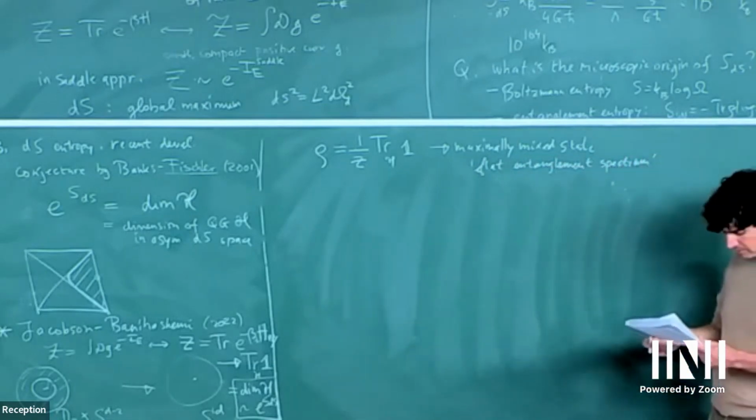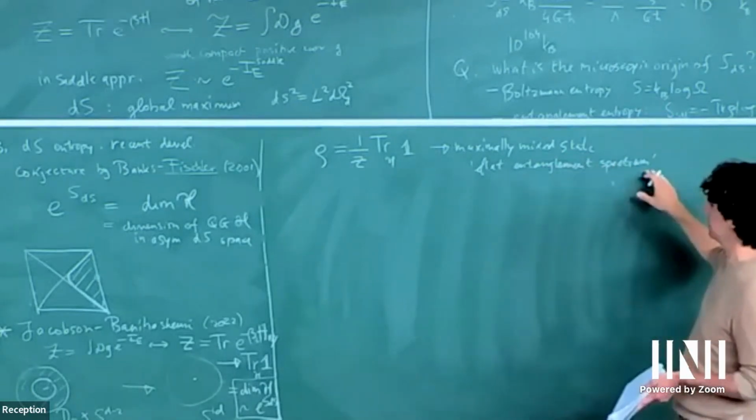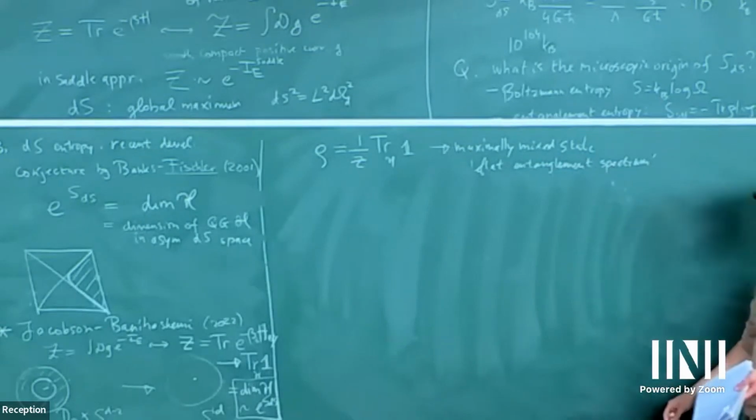There was previous work by Silverstein, Dong, and Torroba, where they also argued that de Sitter space should have a flat entanglement spectrum.